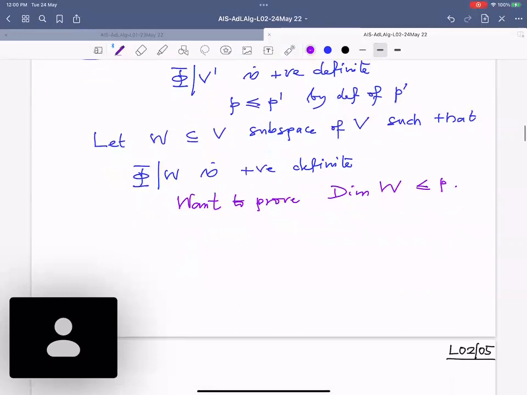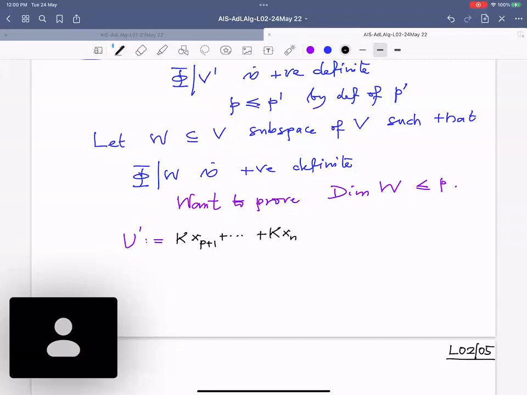Now look at the complement of W in V. So look at U prime, which is generated by kxp plus 1, etc., kxn.